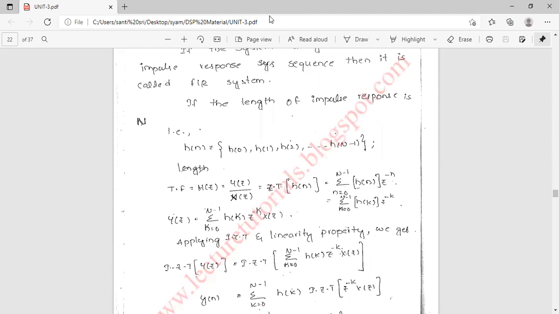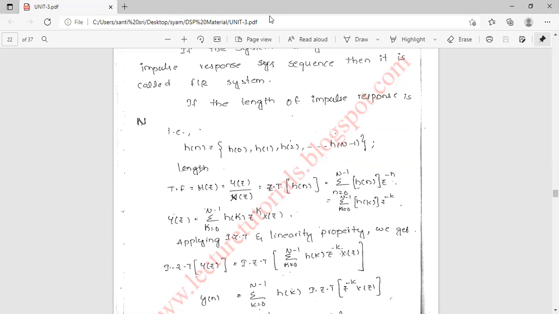Applying the inverse Z transform and the linearity property, we get the inverse Z transform of y of z, that is y of n, equal to the inverse Z transform of sigma k equal to 0 to n minus 1 h of k into z power minus k into x of z. So y of n is equal to sigma k equal to 0 to n minus 1 h of k into the inverse Z transform of z power minus k into x of z.